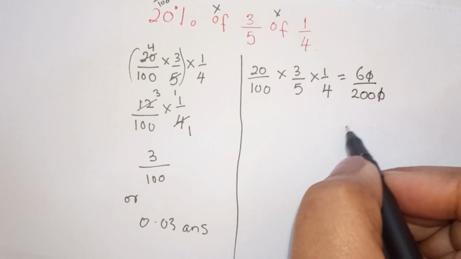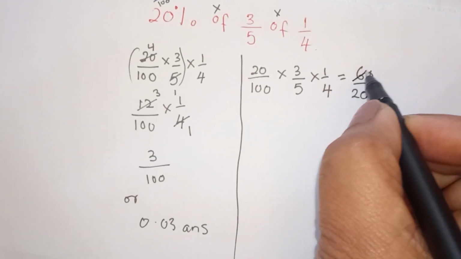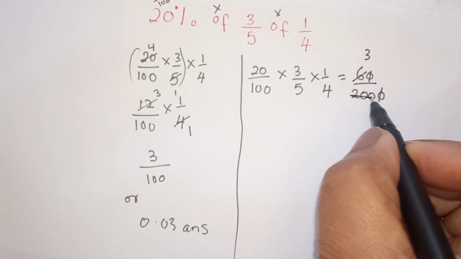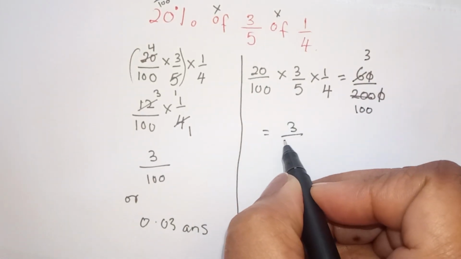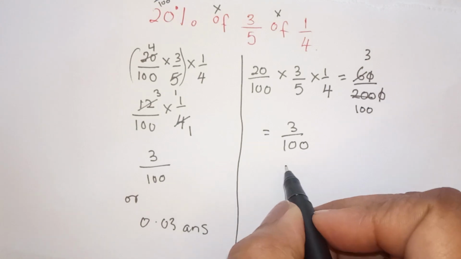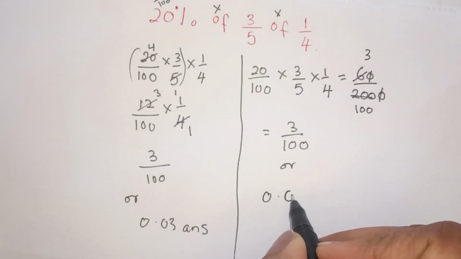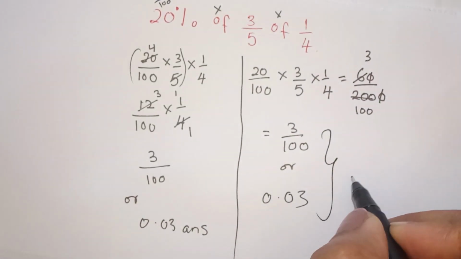Cancel this 0, then we say by 2 is 3, and by 2 is 100. So our answer is 3 over 100. Or we can say 0.03. So this is our answer.